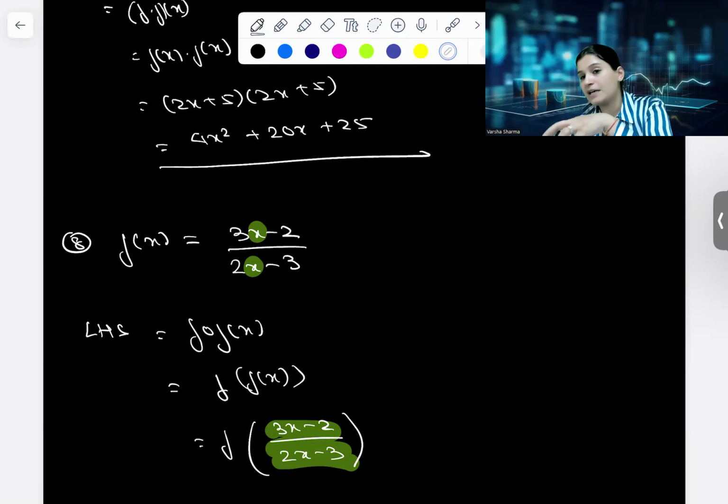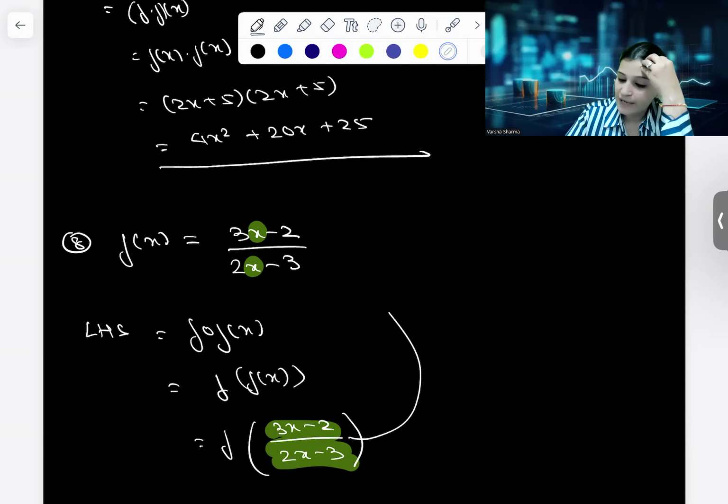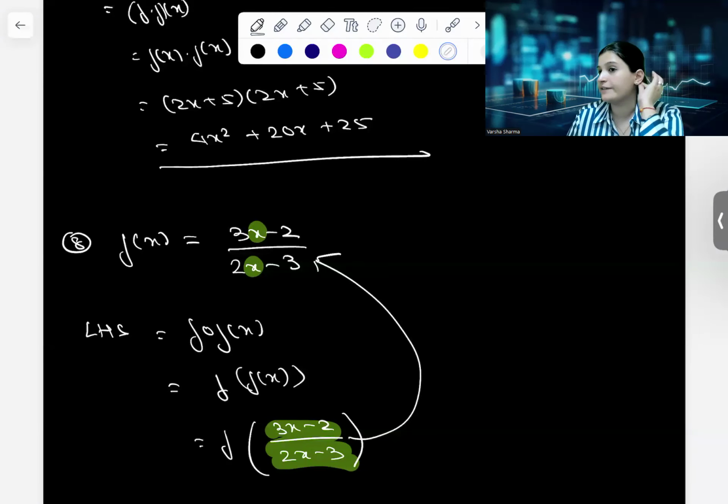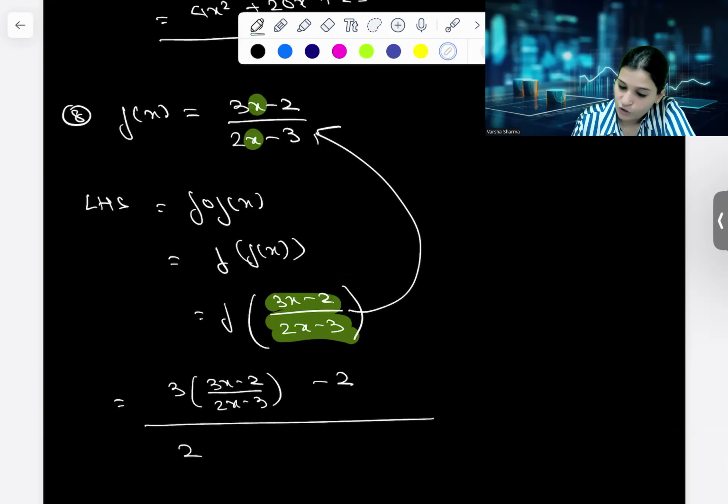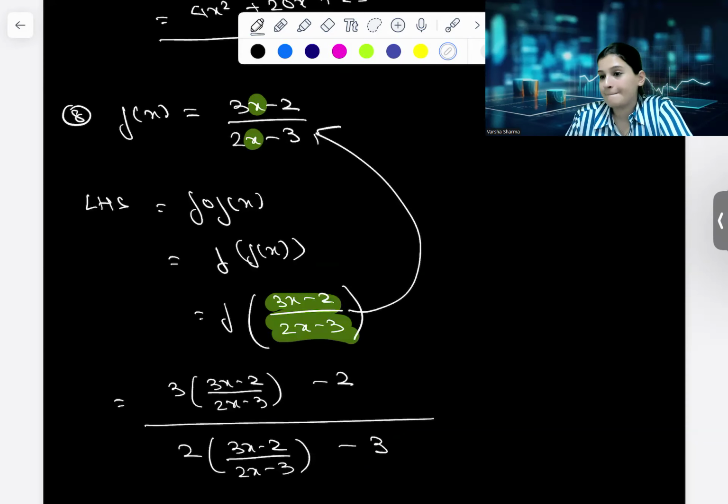So this will be 3 into this value minus 2, divided by twice of this value minus 3. Did you understand this?